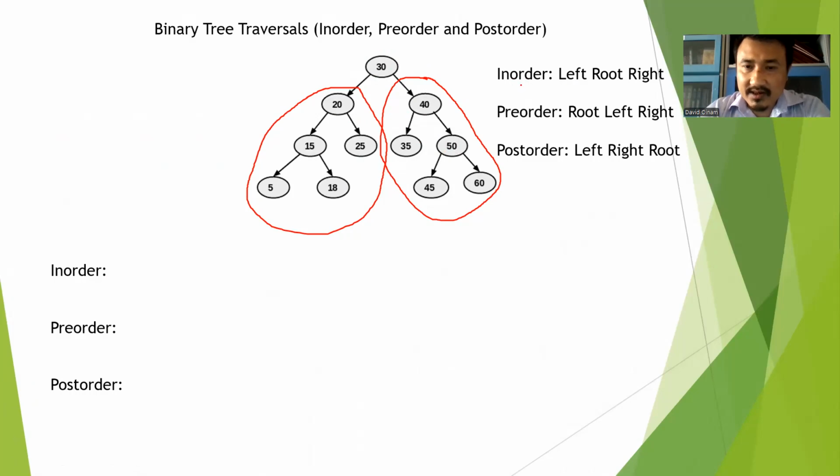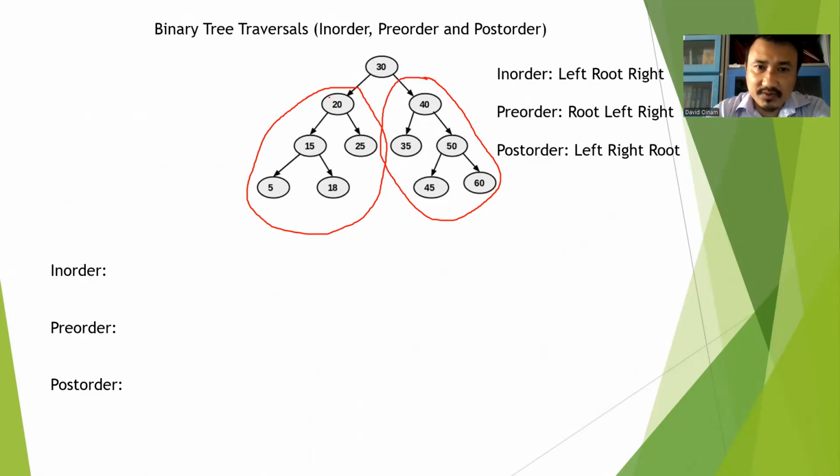In the in-order traversal, the method that we follow is left, then root, and then right. So for this node 30, we are going to move first to the left. We are moving to this first subtree, the left subtree.